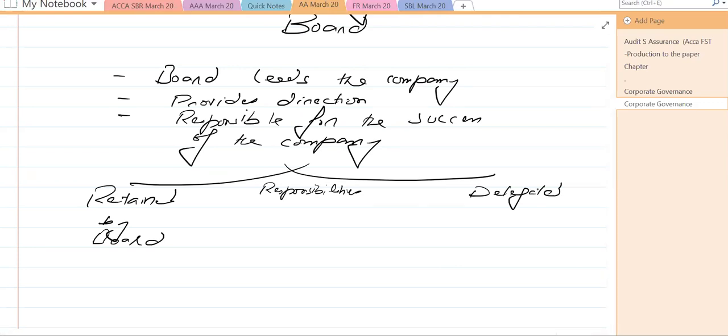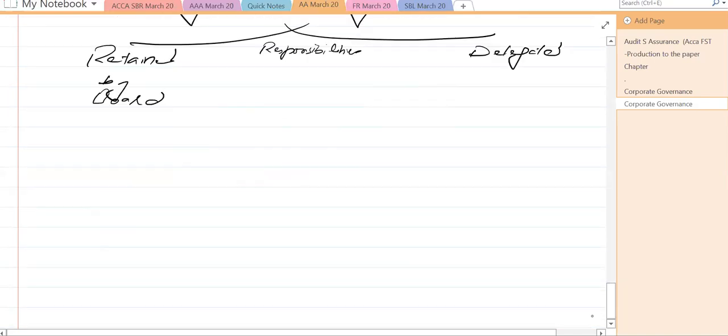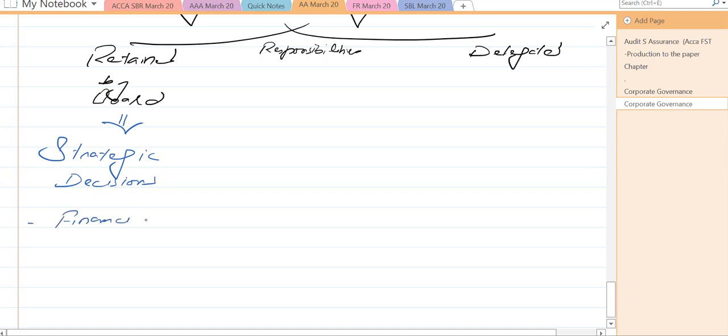The responsibilities retained by the board, the decisions they make themselves, are strategic decisions: long-term and significant decisions, such as financing decisions, restructuring decisions, and dividend decisions.